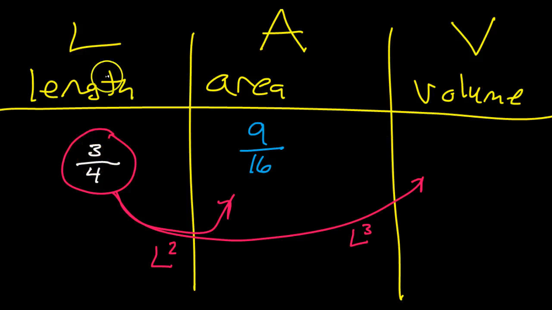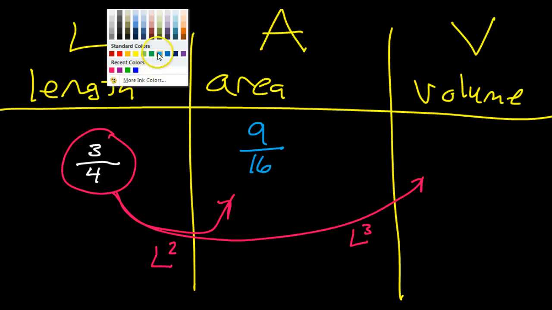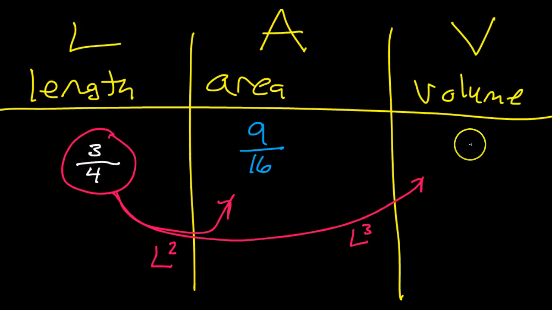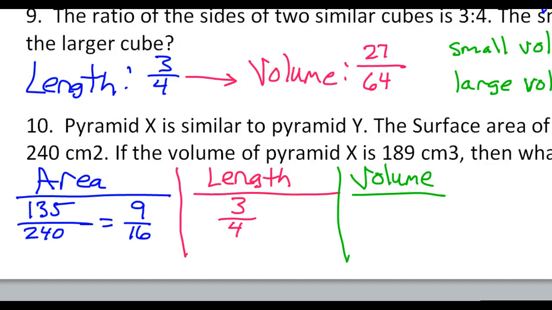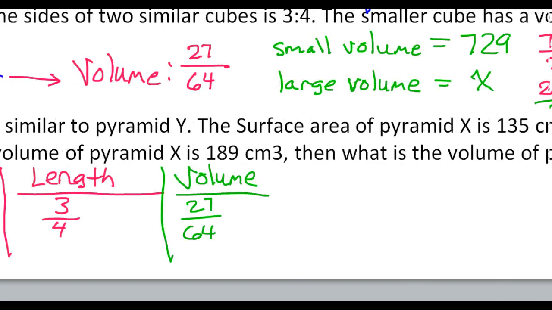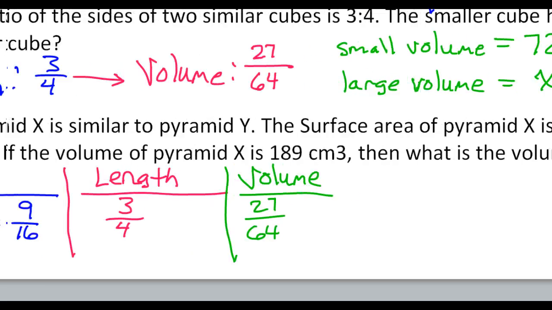Going back to the length scale factor, 3 cubed is 27, and 4 to the third power is 64. So my volume scale factor is 27 over 64, and this is the scale factor I'm going to need to do this problem.